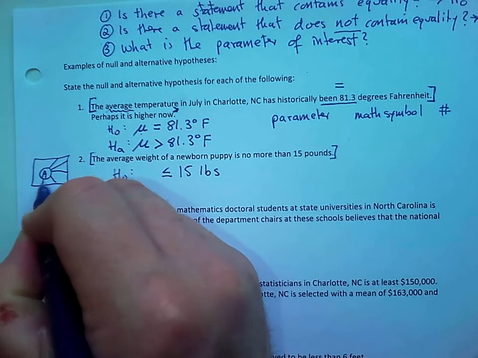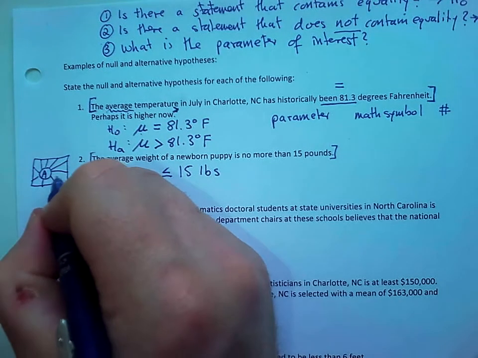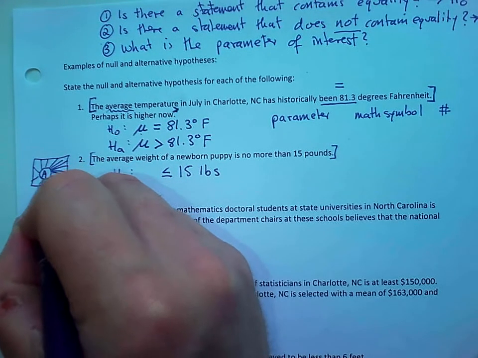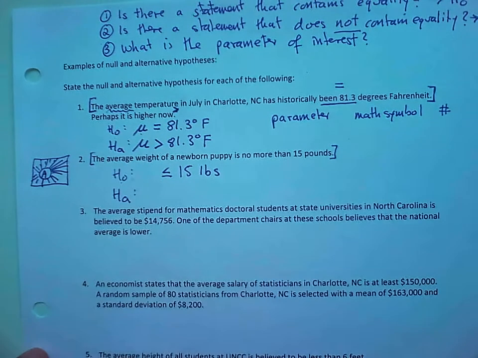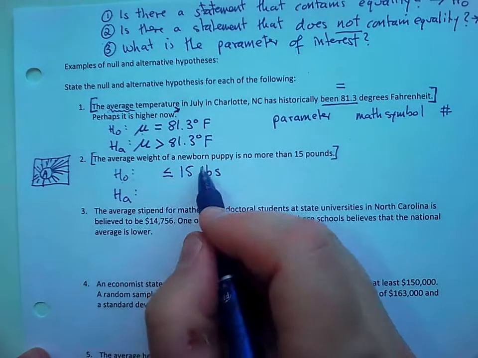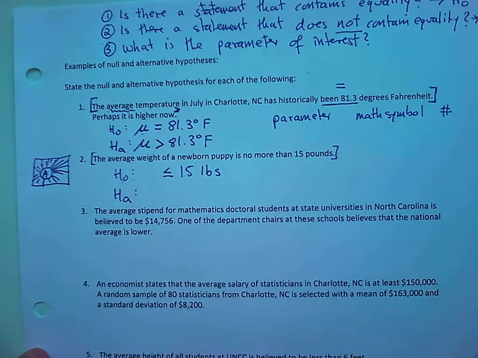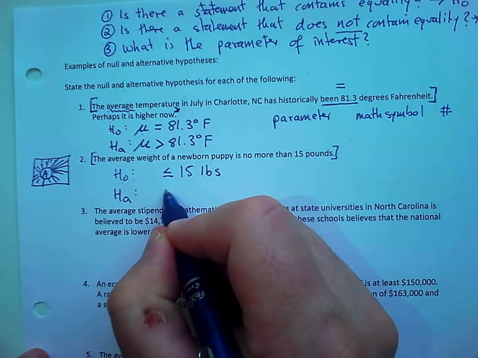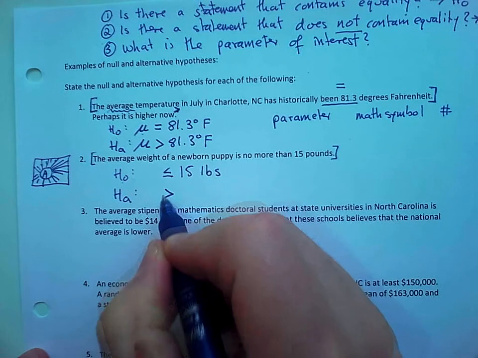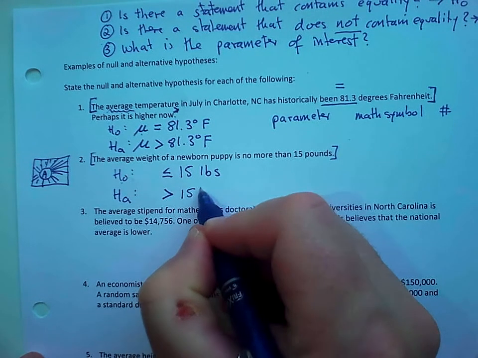Everything inside our sample space other than A. So all this stuff that I just shaded in right here, that's the complement to A. So everything that's not contained in here is contained in the complement. So therefore the complement is strictly greater than 15 pounds.